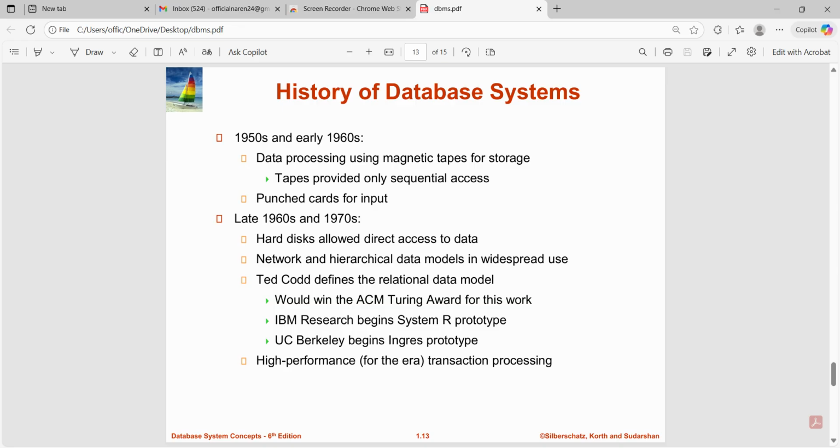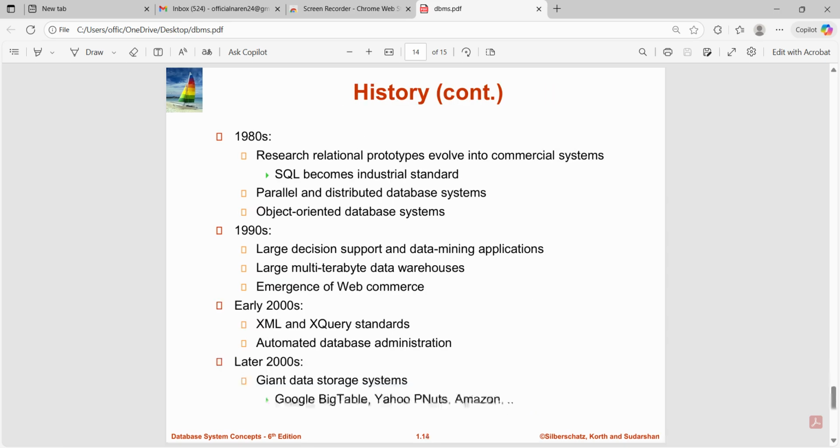Afterwards, punched cards were accessed. There were punched tapes which were given as input to the machine, and it reads the data according to the pits and holes. Afterwards, in the 1960s and 1970s, hard disk and network-oriented data models became widespread throughout the world. A number of prototypes were introduced, and transaction processing began.